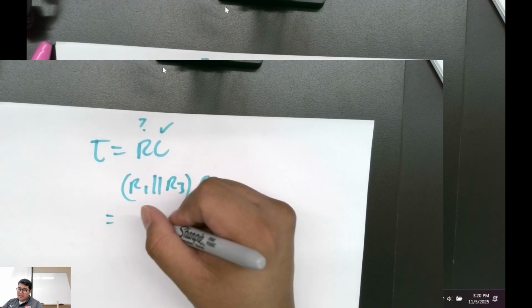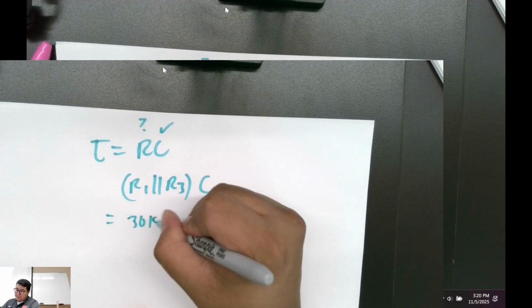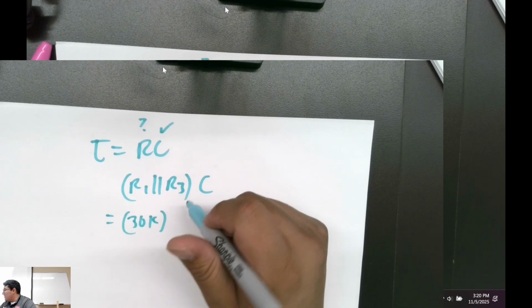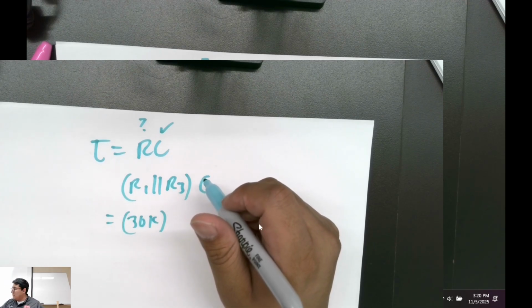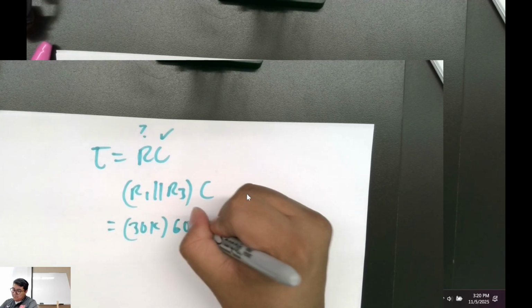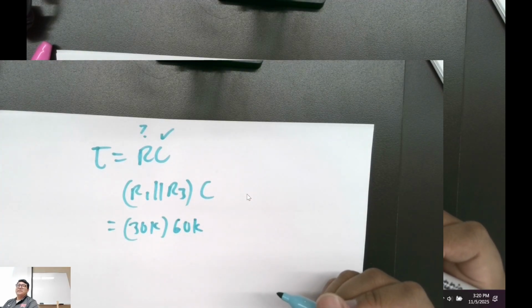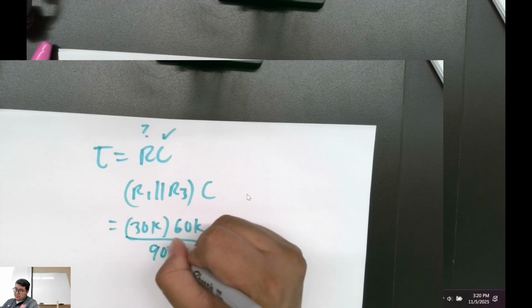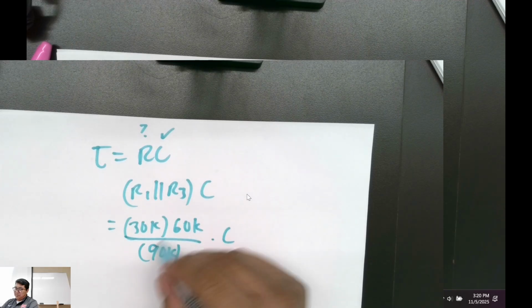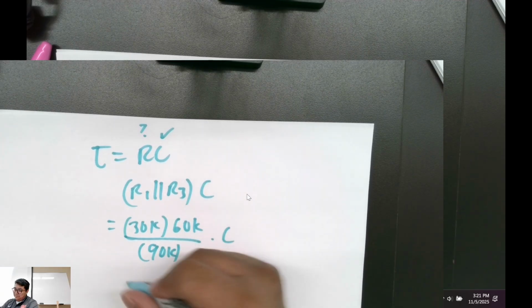And then what is R1? R1 is our 30K. And then our R3 is, let me see, I'm forgetting our numbers. Give me a second. R3, 60K, right? Times C. Now, what did we just calculate this to be?